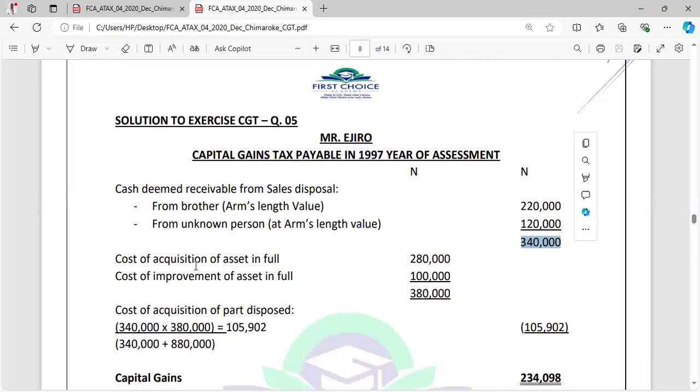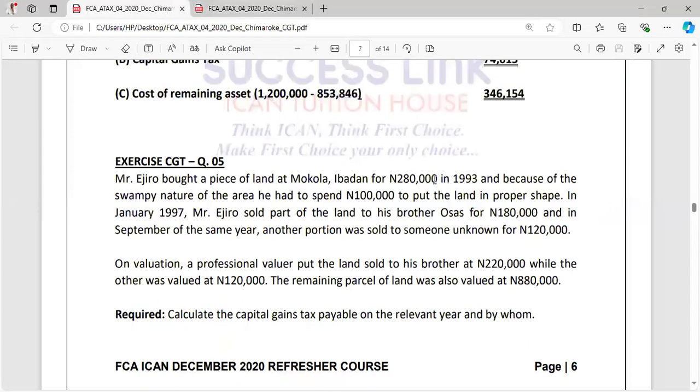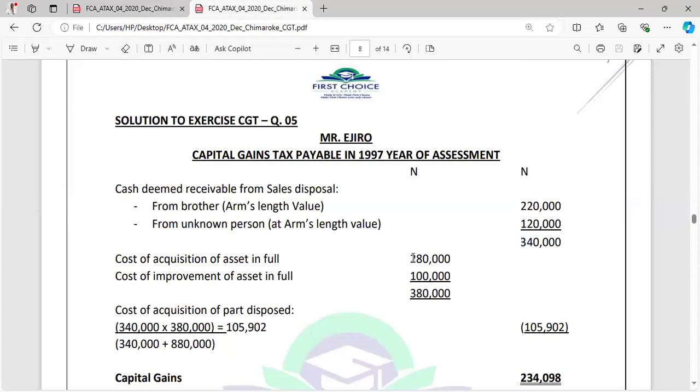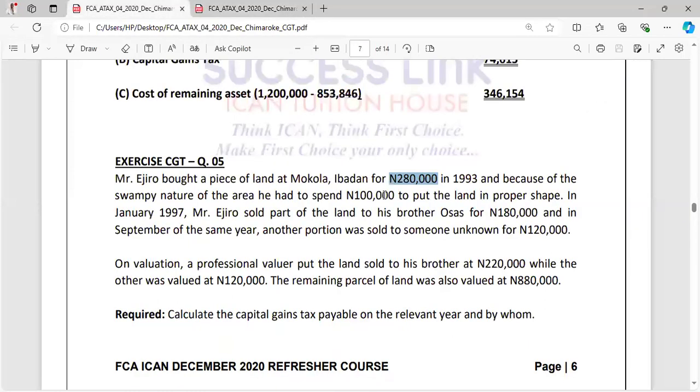Now let us look at the cost of acquisition of the asset. How much was it acquired for? This is 280,000, right? Now we have 280,000, but mind you, only a portion was sold off. I want you to listen carefully. 100,000 is the cost of improving the asset.